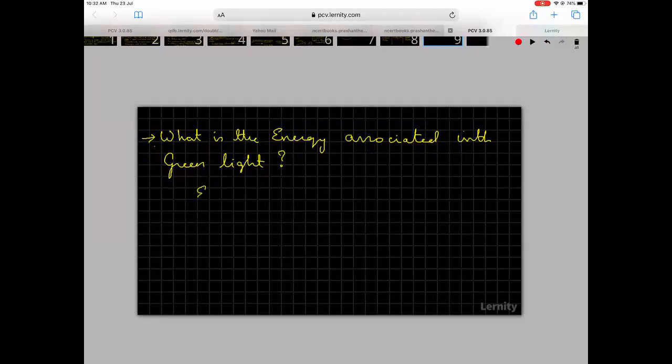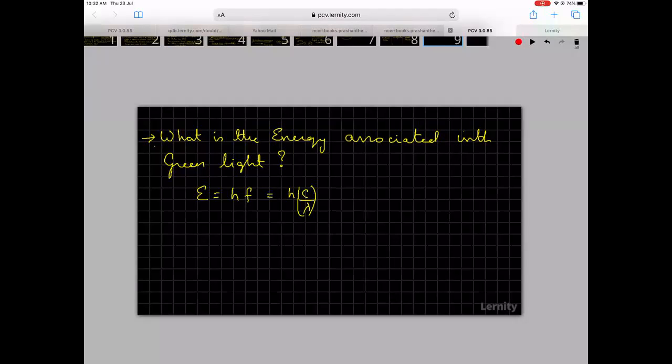Energy is equal to h into frequency, which is equal to hc by lambda. We have already done c by lambda before and got a value.